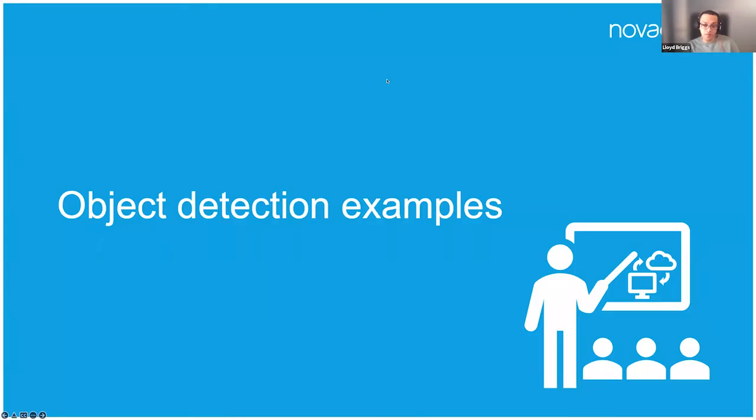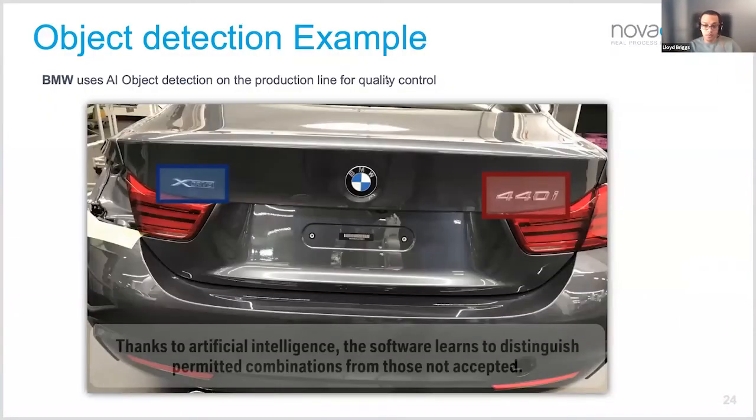So let's look at some other examples of object detection. Here we have an example from BMW. They're using object detection in a few parts of their manufacturing process. The first section, which you'll see in a moment, they're using AI to detect the combination of badges that can be on the car, designating the model and the drivetrain.